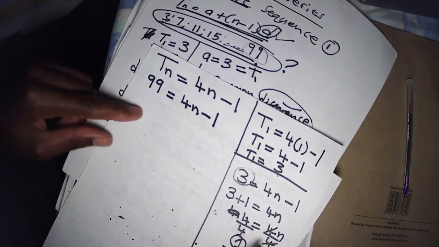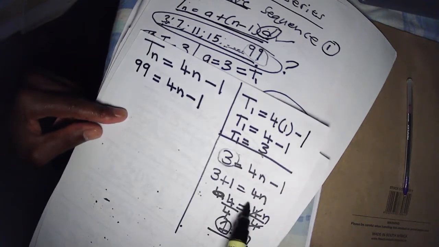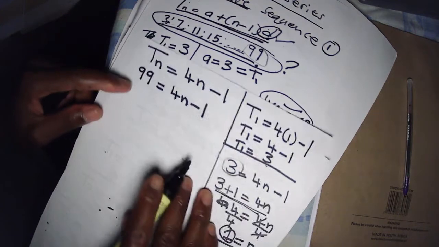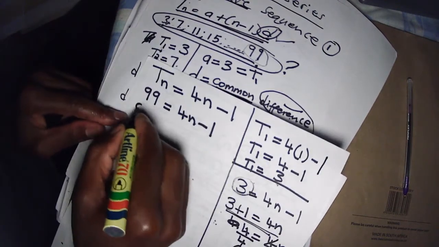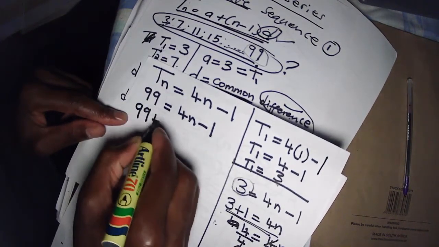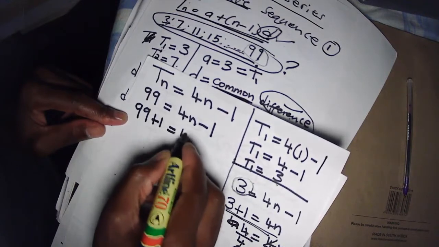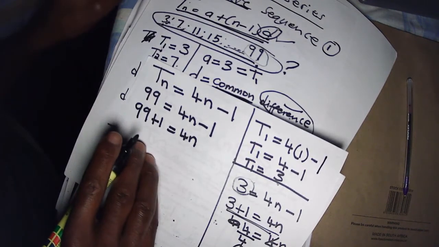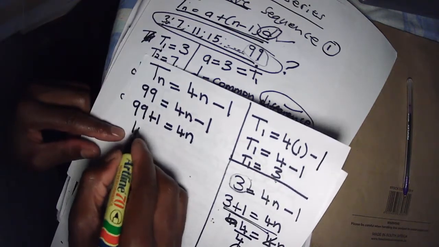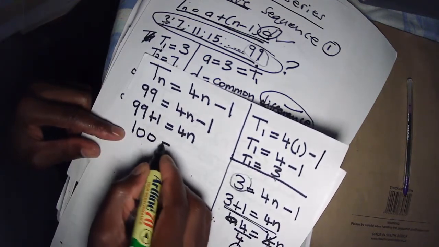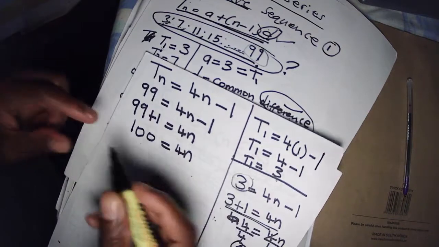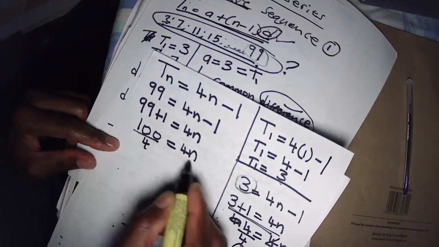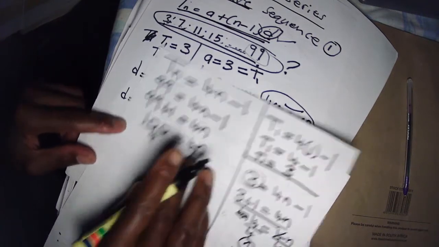We are going to apply the same step as we did here. We transpose the 1. So 99 plus the 1 is equal to 4n. So we get 100 is equal to 4n. So we divide both sides by 4.